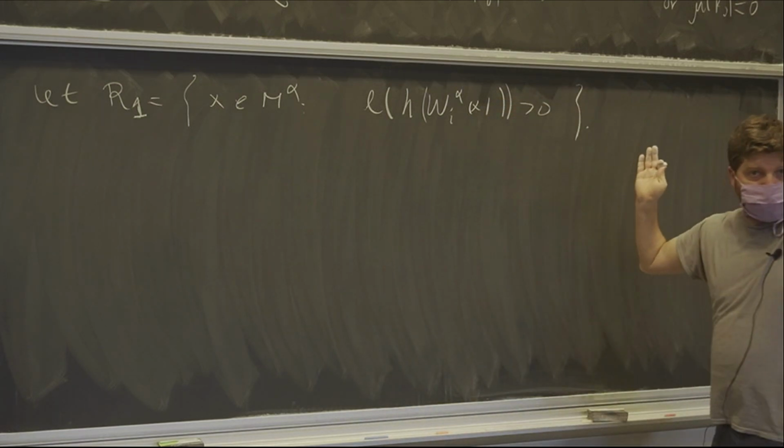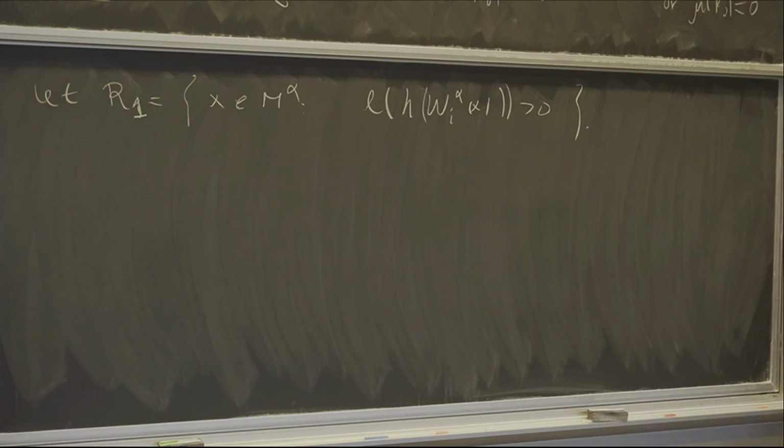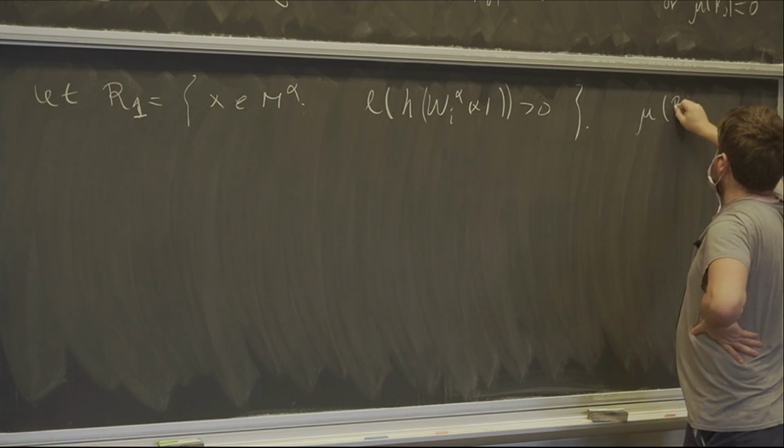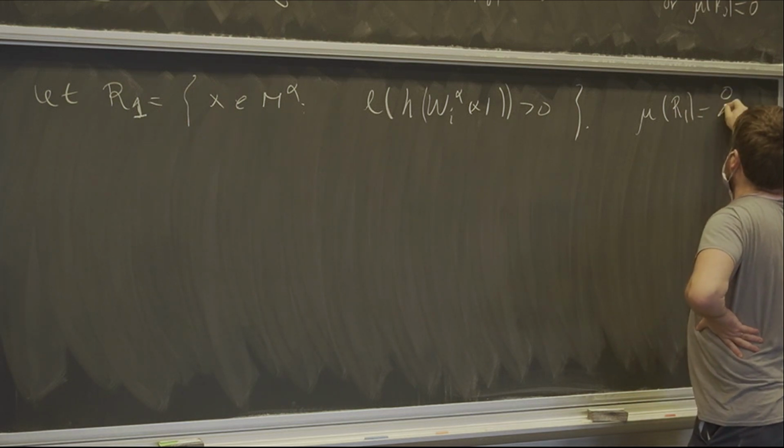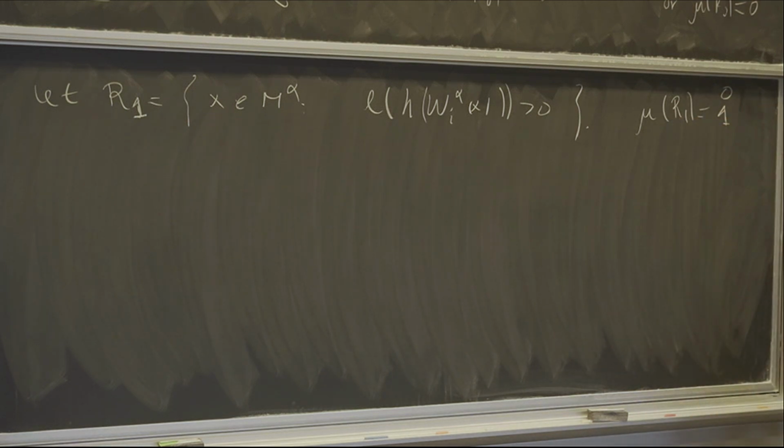So now I'm mapping the whole business. And we have again 0 or 1 because of ergodicity and invariance.